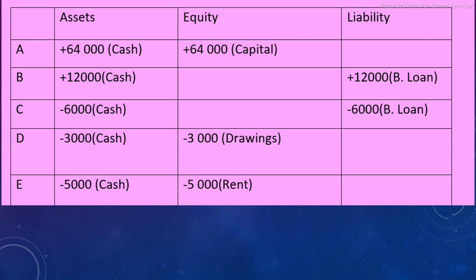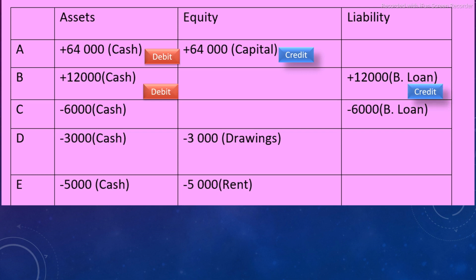Okay, now let's connect the previous knowledge. Asset and expense increases are debit; equity and liability increases are credit. Asset and expense decreases are credit; equity, liability, and income decreases are debit. So in that theory, A: asset increases debit side, equity increases credit side. B: asset increases debit, liability increases credit.